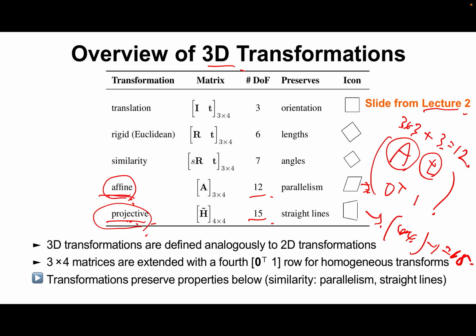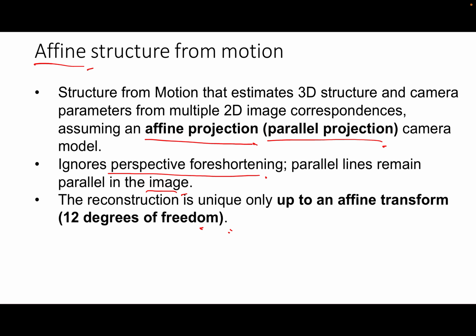That is affine SfM. Ignore perspective foreshortening. Perspective foreshortening means parallel lines in 3D space can no longer be parallel in 2D space if we use perspective projection.